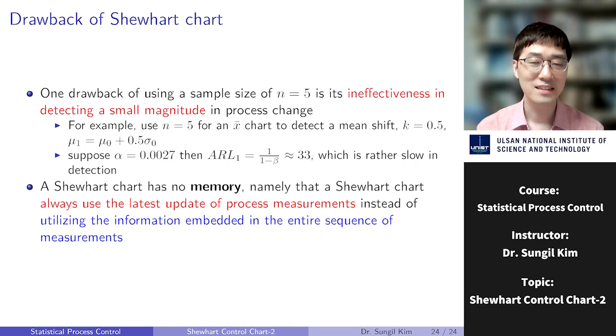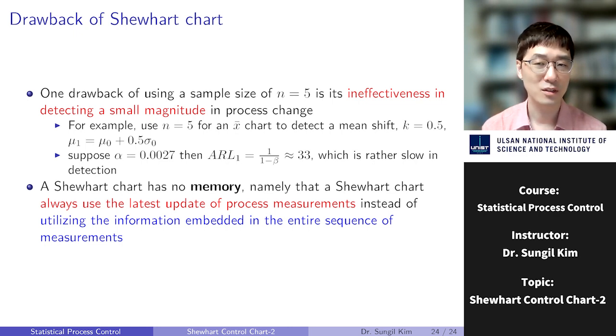Before finishing today's lecture, I want to mention one drawback of a Shewhart control chart. Suppose we use n equal to 5 and want to detect k equal to 0.5. Recall the previous result in which ARL1 to detect a mean shift of k equal to 1.33 was around 2, right? With k equal to 0.5, it turns out ARL1 becomes 33, which is quite slow in detection.